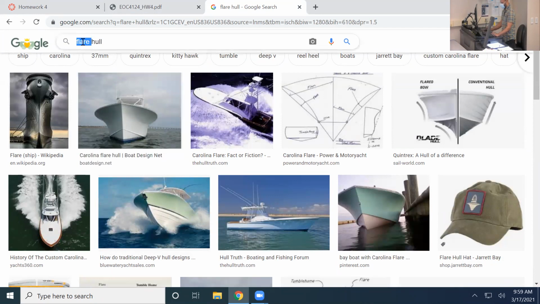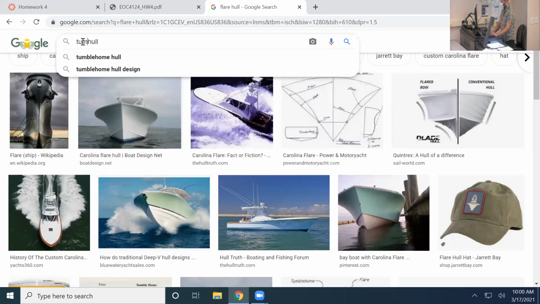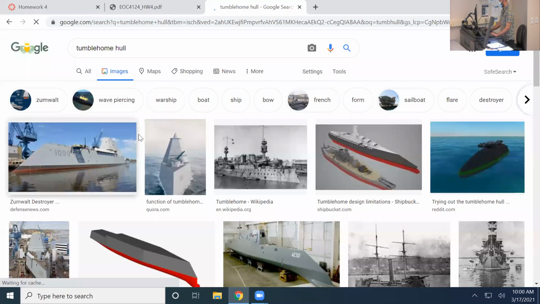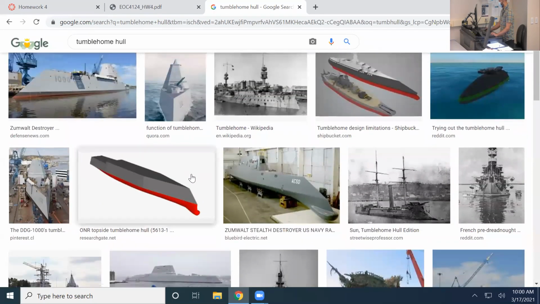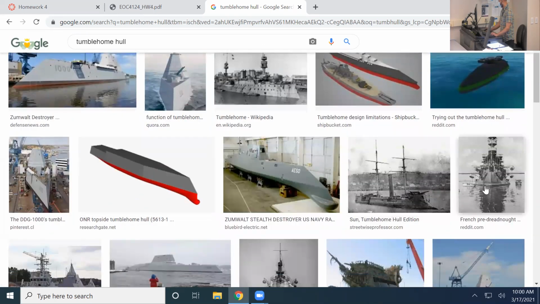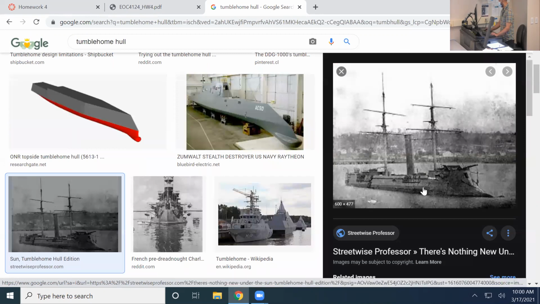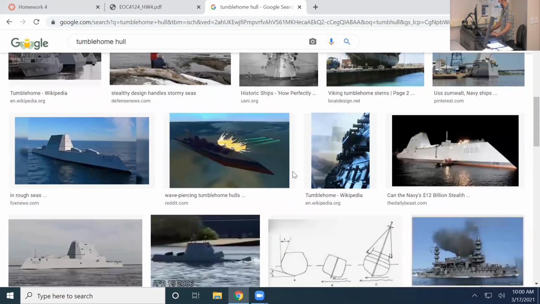And the opposite is called tumble home. Have you ever seen a tumble home hull? Yeah, in old designs, right? They used to mount the cannons over here. So that would be a tumble home design.